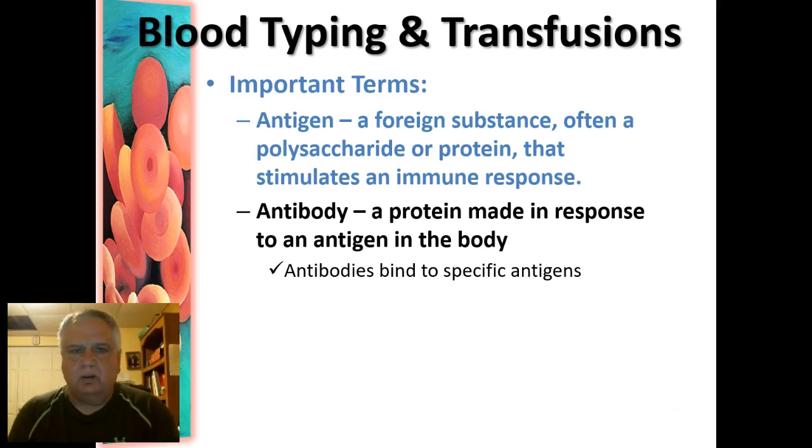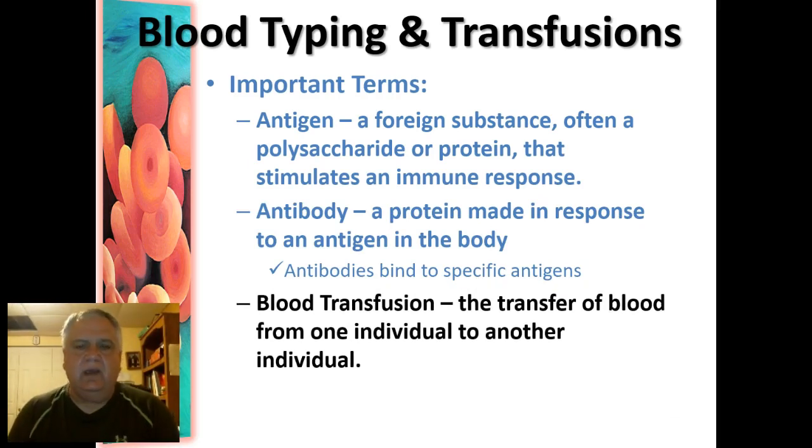We'll talk more about antibodies whenever we get into the immune system, but antibodies are proteins that are made by the immune system in response to the presence of an antigen in the body. Antibodies have the ability to bind to specific antigens, and when they do, they can neutralize those antigens.